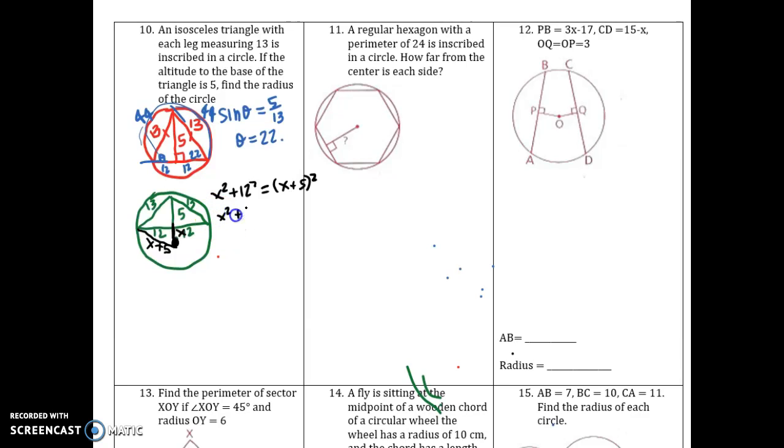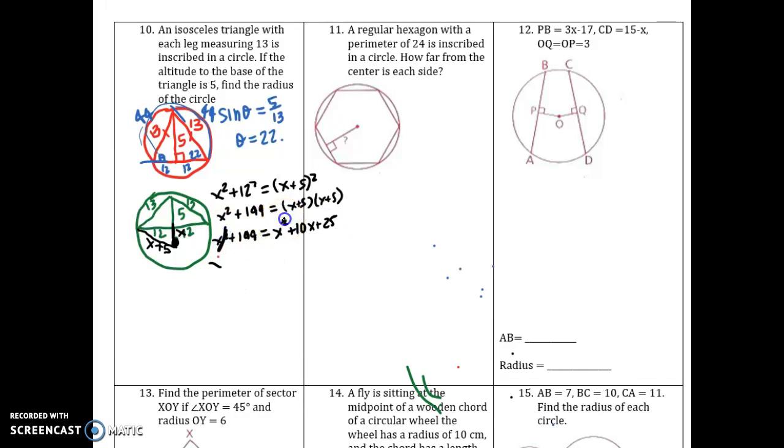And then it's x squared plus 144 equals, you got to do 2 of these guys. So x squared plus 144 equals x squared plus 10x plus 25 when you FOIL it all out.